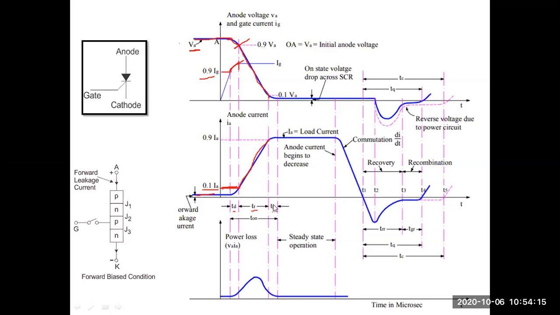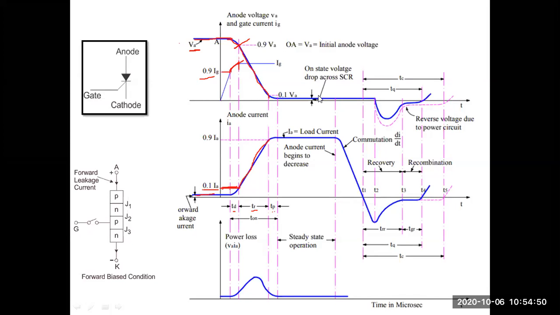So this spread time can be defined, in terms of anode voltage, as the time taken for the anode voltage to fall finally to 10% of the anode voltage. Actually you can define it as almost zero, but this is the forward voltage drop, because it will be around 1 to 1.5 volts.